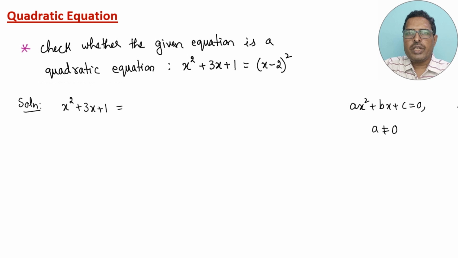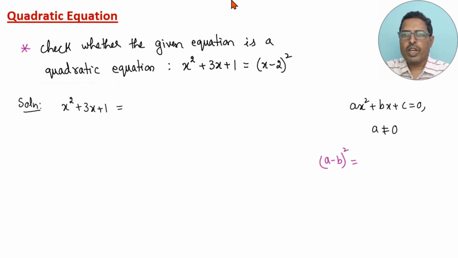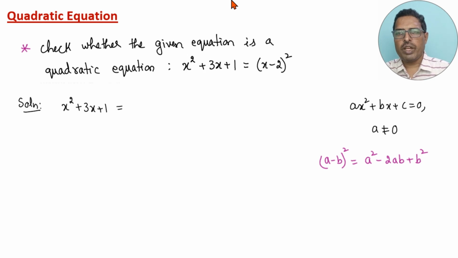On the right hand side, the given expression is in the form of a minus b whole square. So we know the formula of a minus b whole square: its formula is a square minus 2ab plus b square. So we know this formula, right? Let us try to identify over here. The question that is given is x minus 2 whole square.